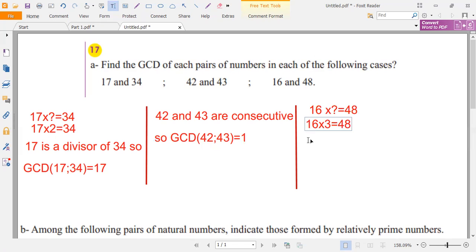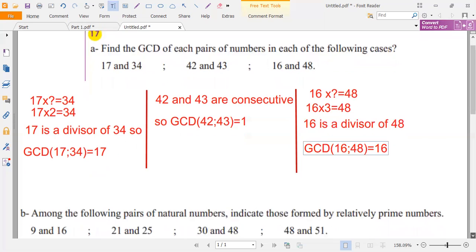In this case, 16 is a divisor of 48, and the GCD will be this divisor. So the GCD of 16 and 48 is equal to 16.